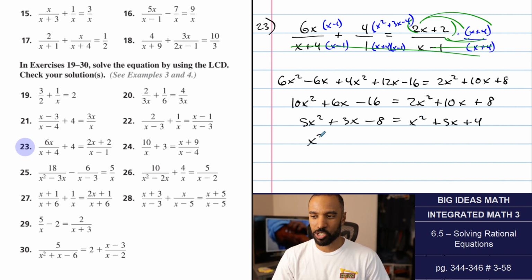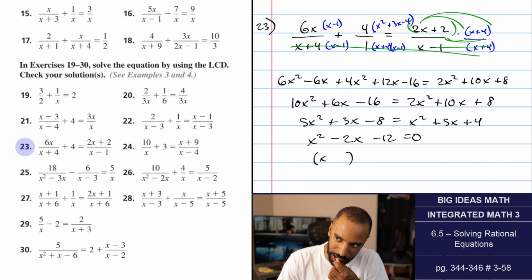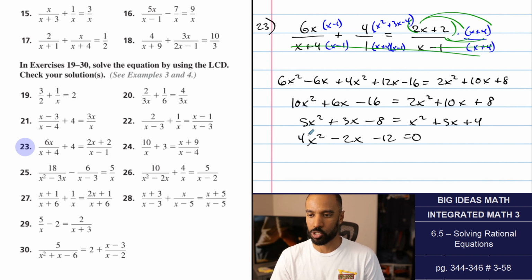All right, subtract x squared, subtract 5x, subtract 4. And this factors into, does that factor? X, hold on, I want to make sure I didn't make a mistake there. Oh, 5x squared, I'm sorry, 5x squared minus x, this is 4x squared.